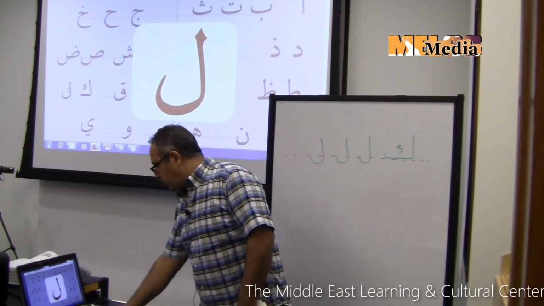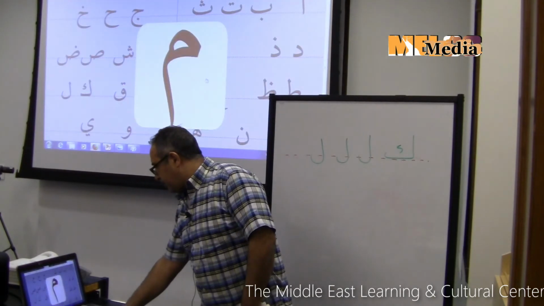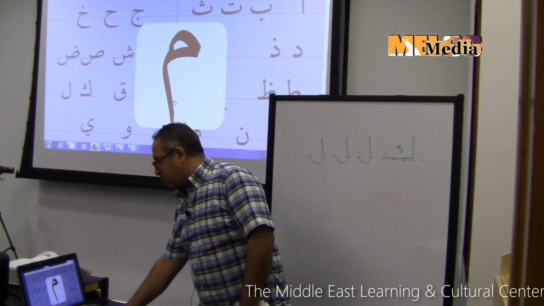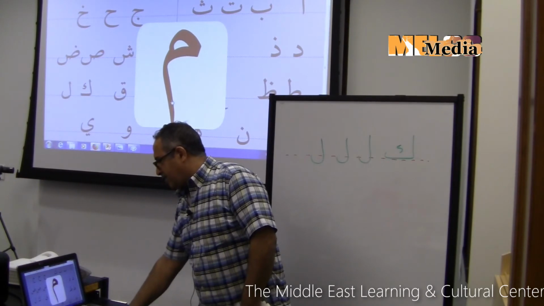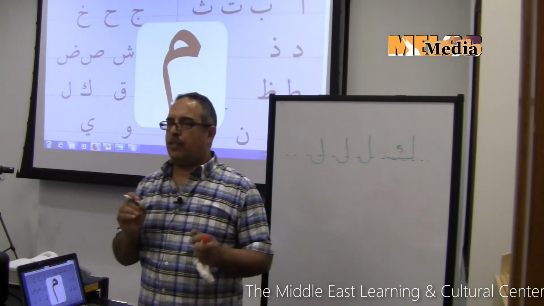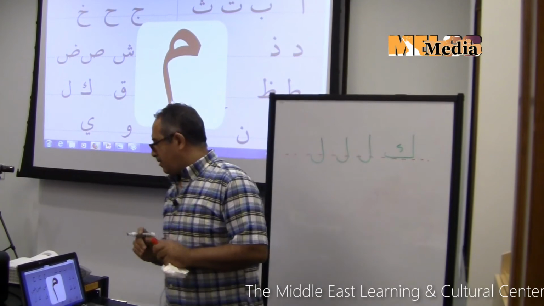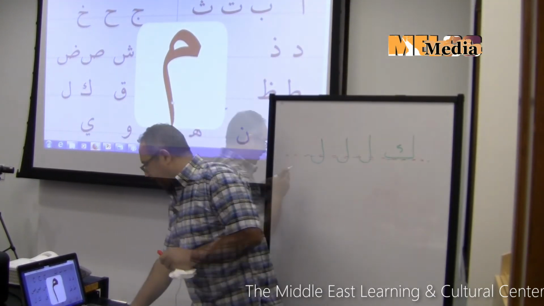So this is a review, and again the last line we have here is mim. And how does it sound in the word? But that is the name of the letter again.